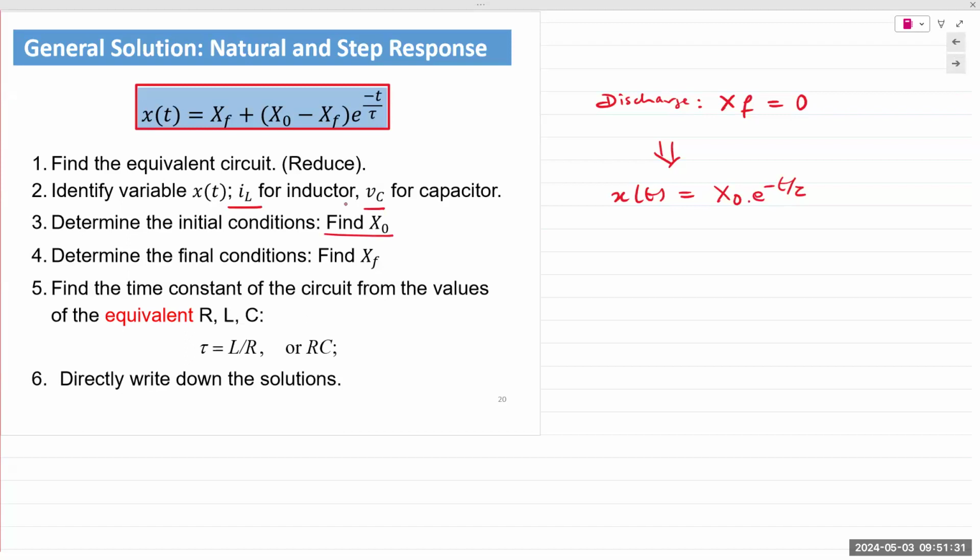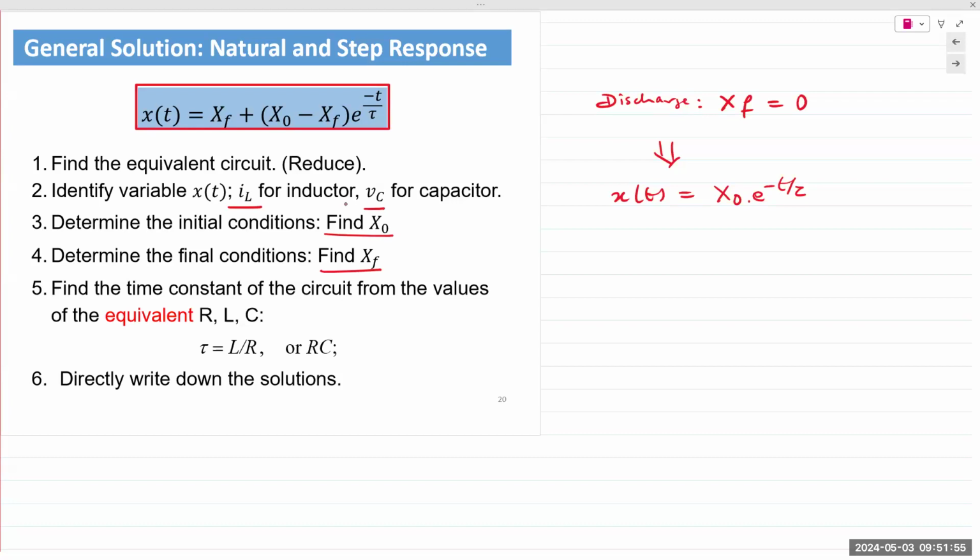Then find xf. If it's discharging, xf is always 0. If it's charging, then xf is the value of the source. But if the source is not connected directly, then it's the value of the Thevenin or the Norton equivalent.